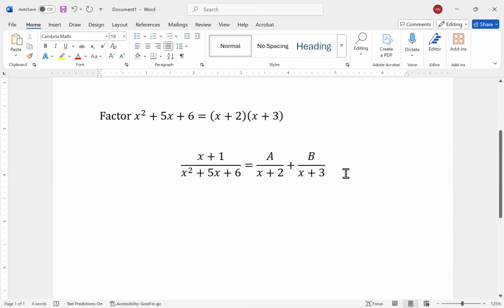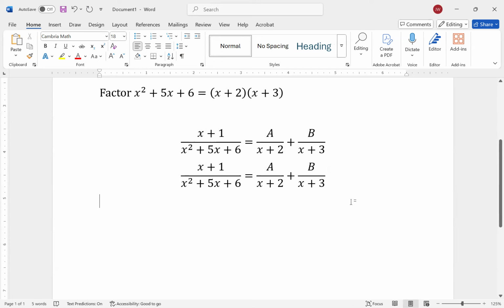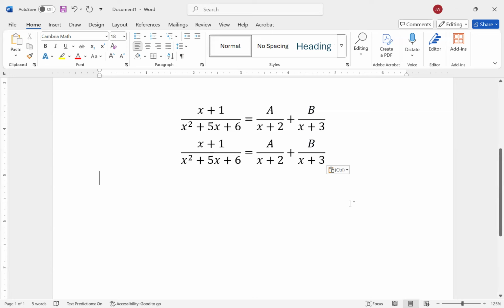And I'll call that a and b for now. So I know that this is going to be possible for some choice of a and some choice of b. So I just need to figure out what a and b are.